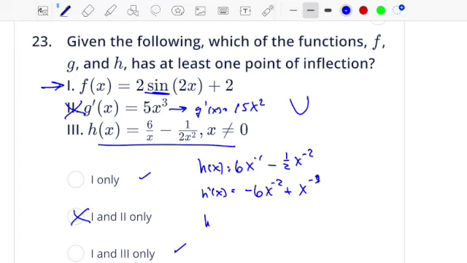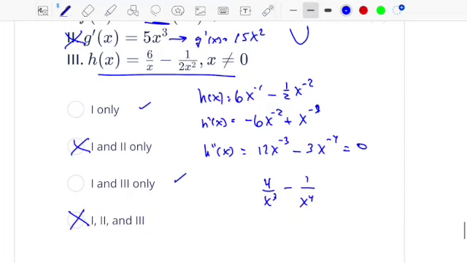Our second derivative is going to be 12x to the -3 minus 3x to the -4. I'm going to factor out that 3. When is this equal to 0? Divide by 3, that's going to give us 4 over x cubed minus 1 over x to the 4th equals 0.